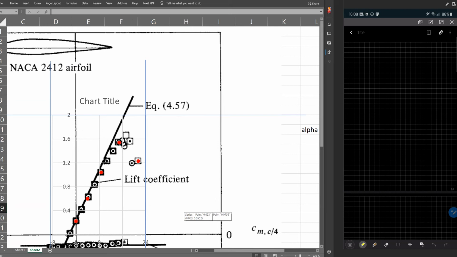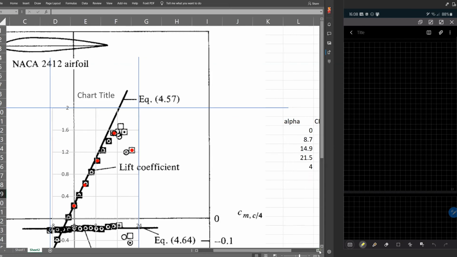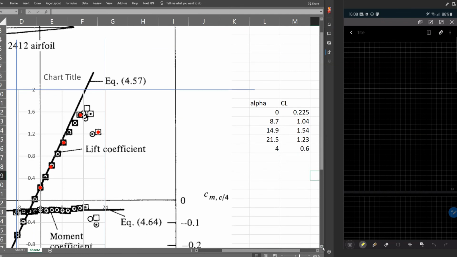I just need to see numbers and, at the same time, the picture. Okay, like this and like this. So I need to move this red point a bit to the right, so it will be a bit bigger value of the angle of attack. So probably it will be not 4, but 4.1 or even more. I will put 4.2.